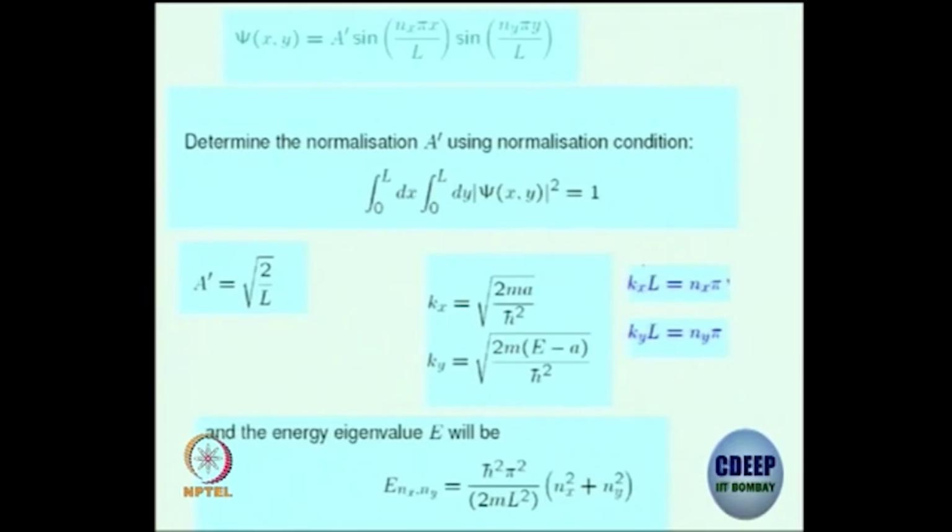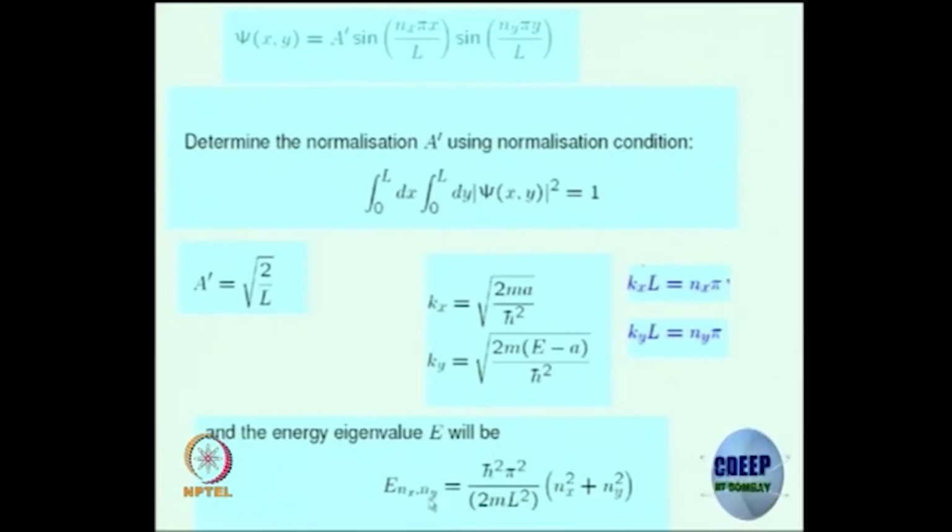And the corresponding energy for a specific wave function, the wave function here I should put an nx, ny subscript. For that wave function the corresponding energy will be nx squared plus ny squared. Nx squared will be a squared, ny squared will be e squared minus a squared. So the a squared will cancel.